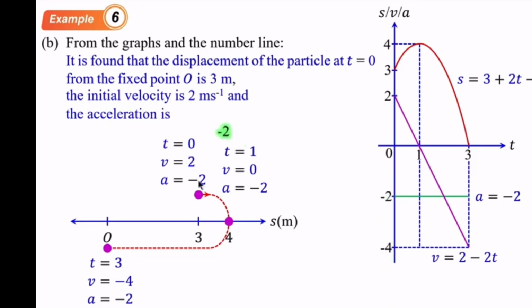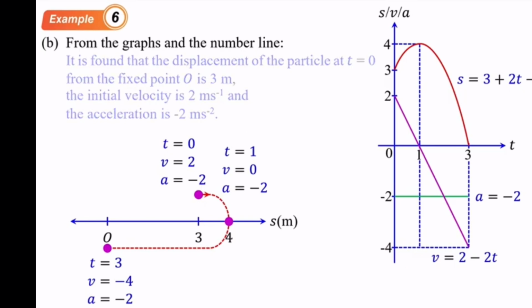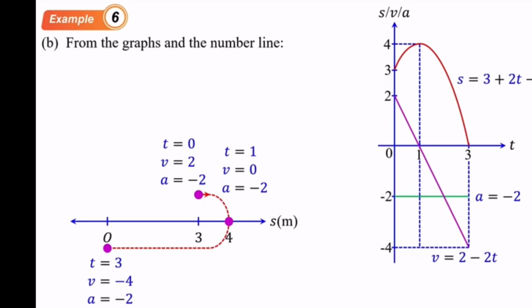It means the speed is decreasing because the a is -2 meters per second squared. So you can see that the speed is decreasing, right? So we have to explain in detail for every moment of the movement of the particle, so that we can describe how the particle moves.